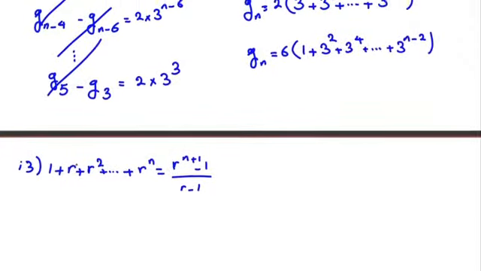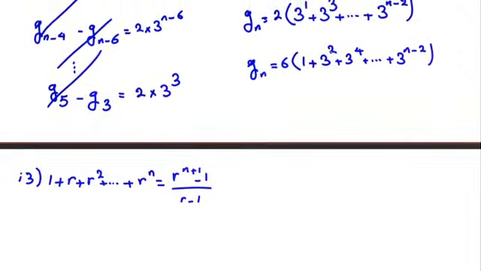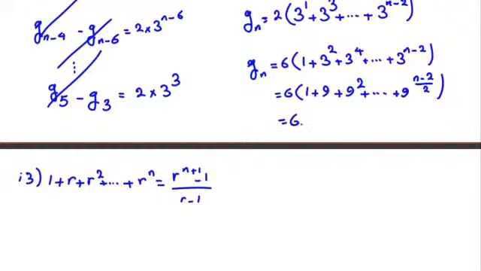But here, as you can see, it is r, r squared, but here the powers are even. So I can say 9 squared now. It will be exactly like this, plus 9 to the n minus 2 over 2.